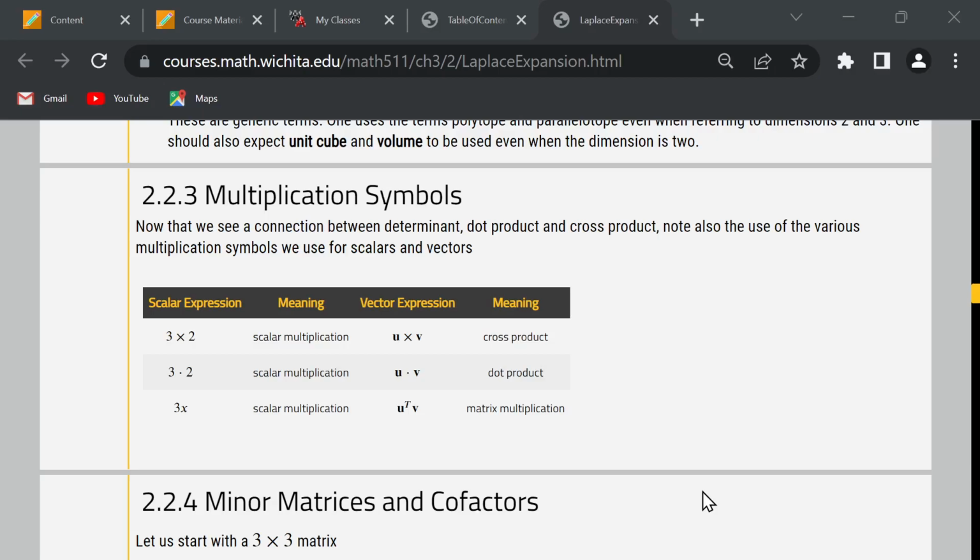Multiplication was the same whether it was the little times symbol or the dot or just being next to each other or separated by parens, right? 3 parens inside -2 would be -6. But in vector multiplication, the little times symbol means cross product, the little dot symbol means dot product, and if they're next to each other, it means matrix multiplication. So all three of them mean something completely different.